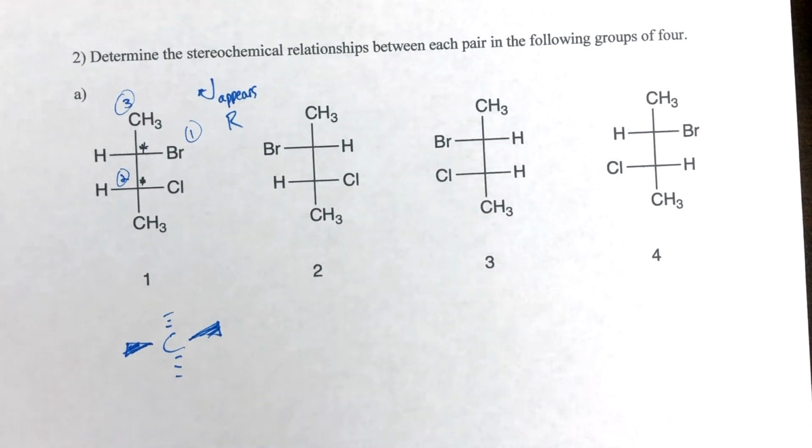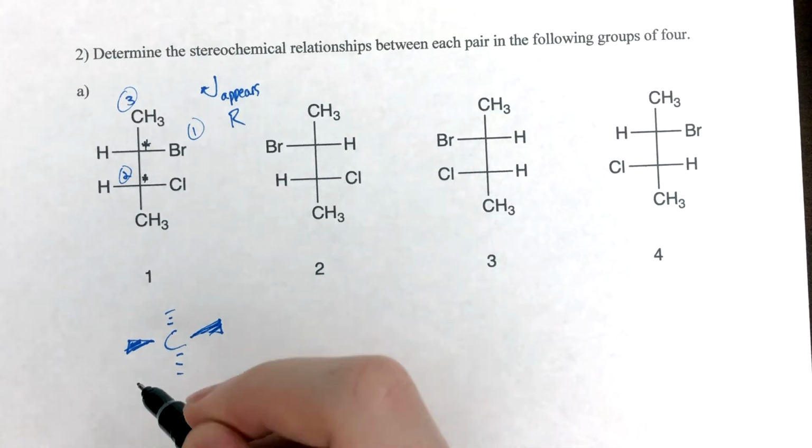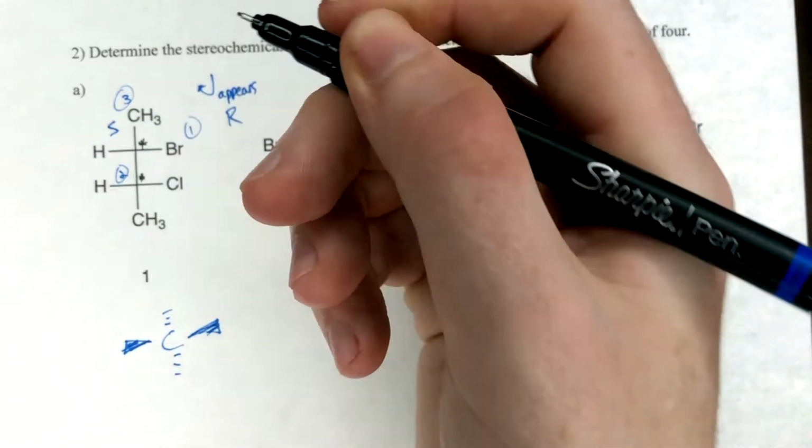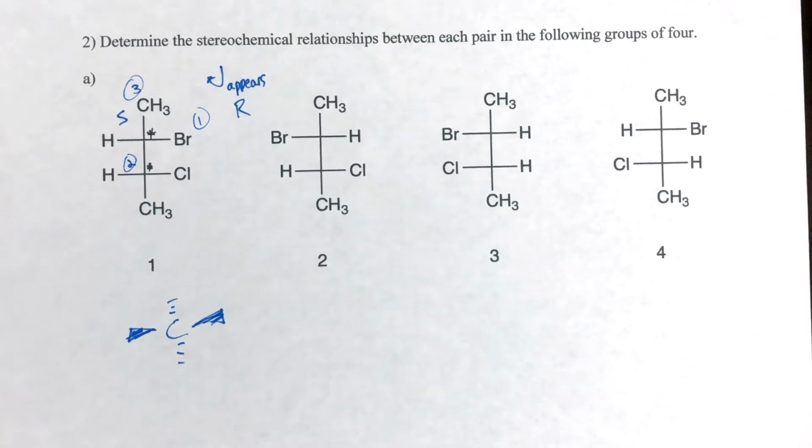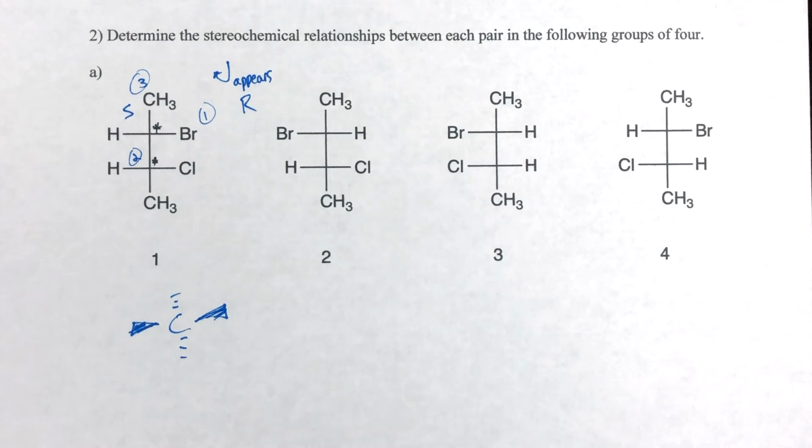Therefore, whatever the chirality appears to be, it is the opposite. So this one is actually S at that position. It appears to be R, but the hydrogen, the lowest priority, is in the front, so it is actually S.